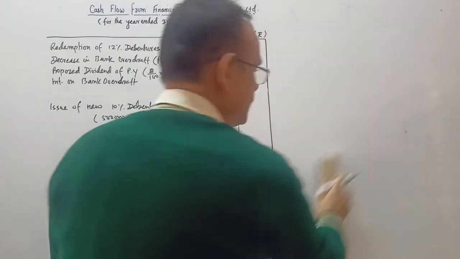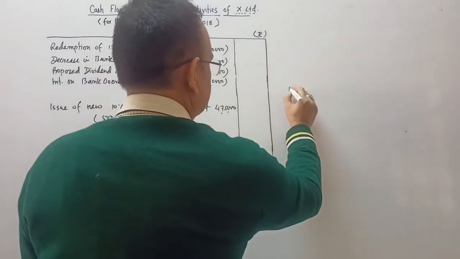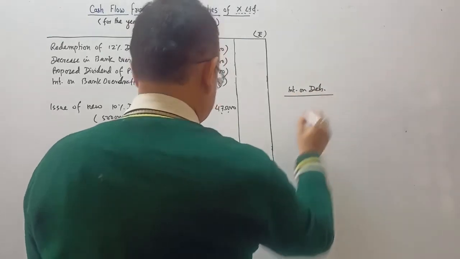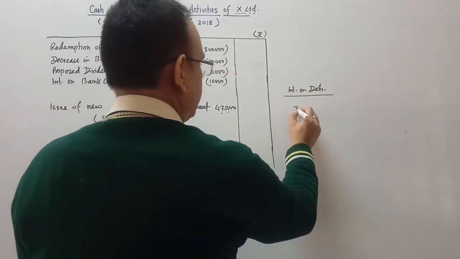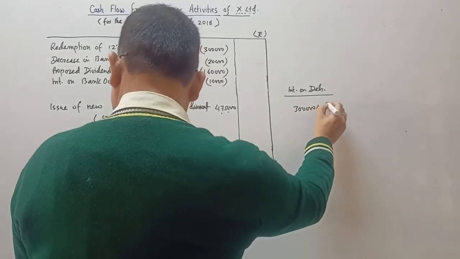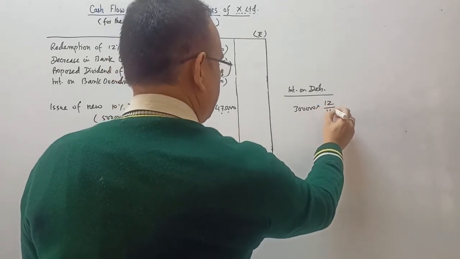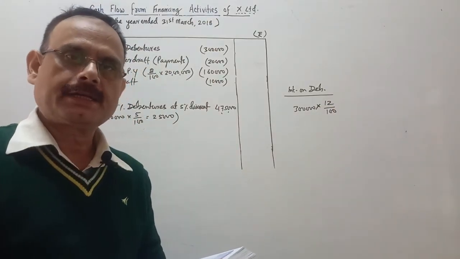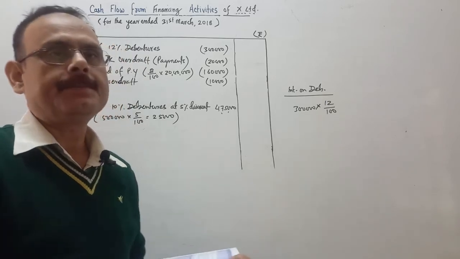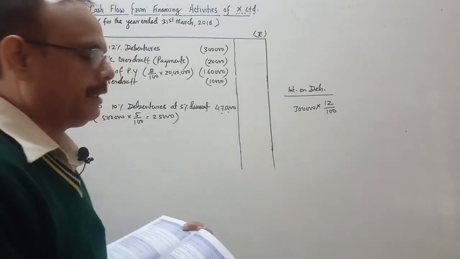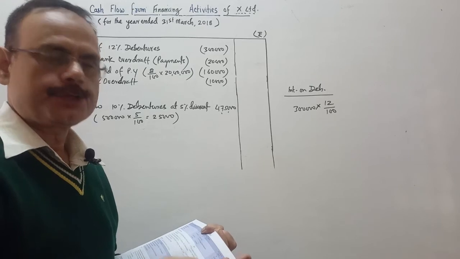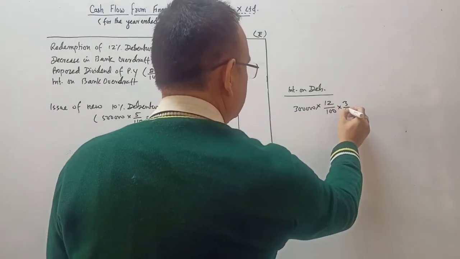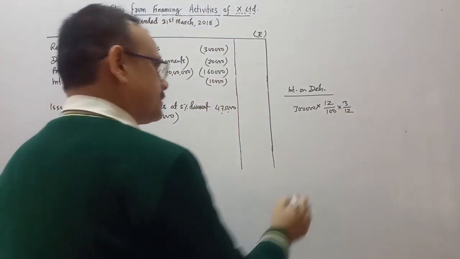Last year debenture was 3 lakhs, rate of interest is 12%, and as per additional information number 2, it is redeemed on 1st July 2017, means we have to pay the interest for 3 months, April, May and June, because it is redeemed on July 1st.